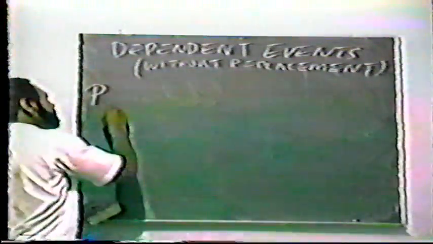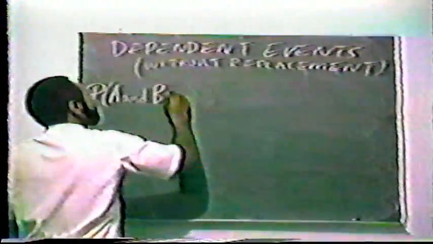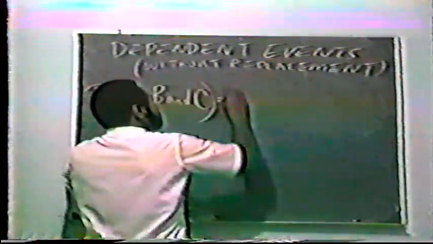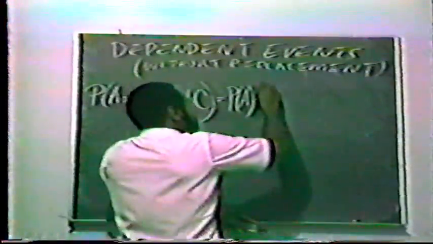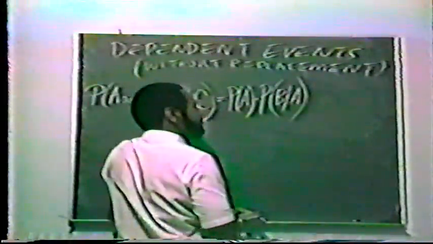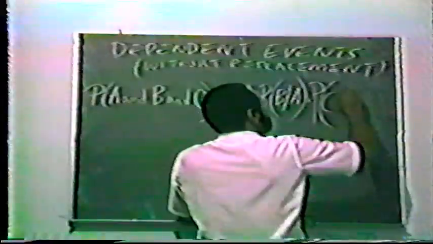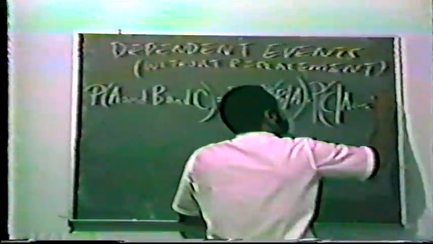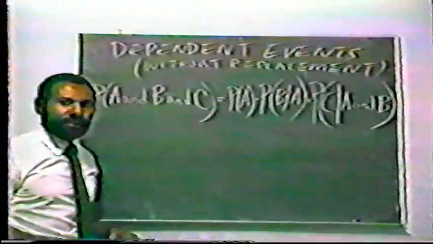We would have the probability of A and B and C equals the probability of A times the probability of B given that A has occurred, times the probability of C given that both A and B have occurred.